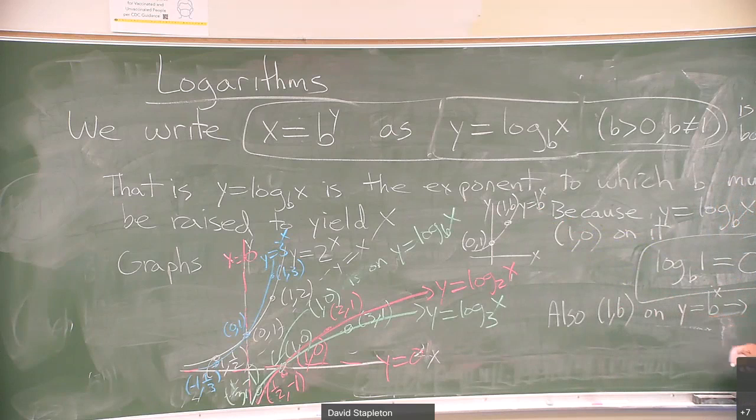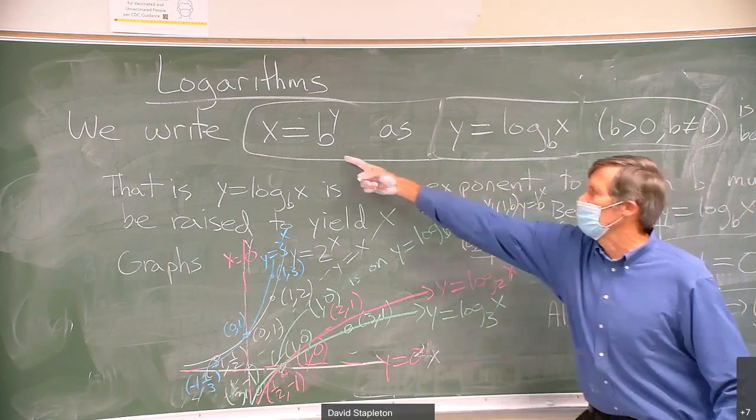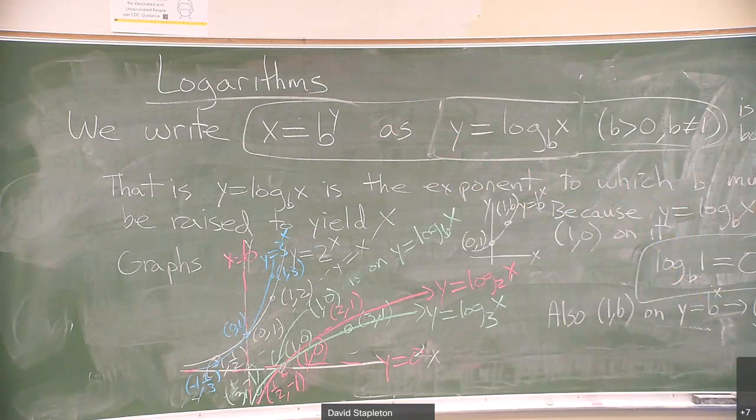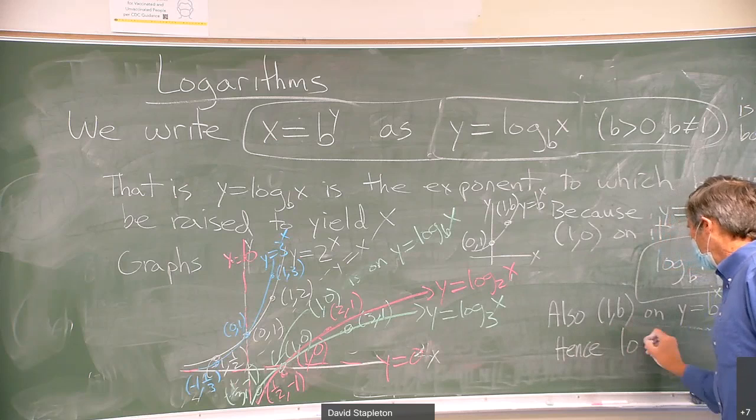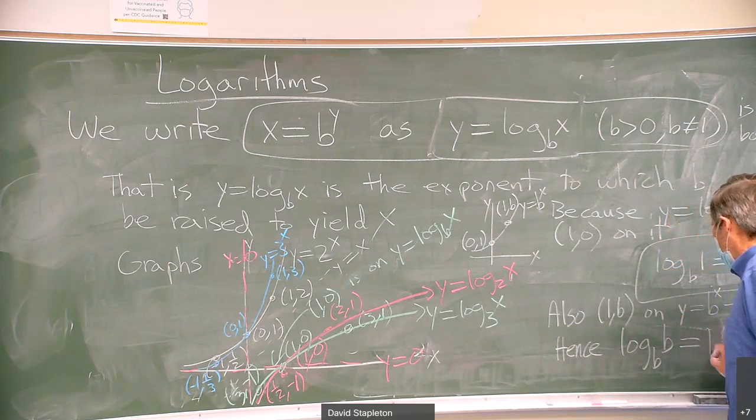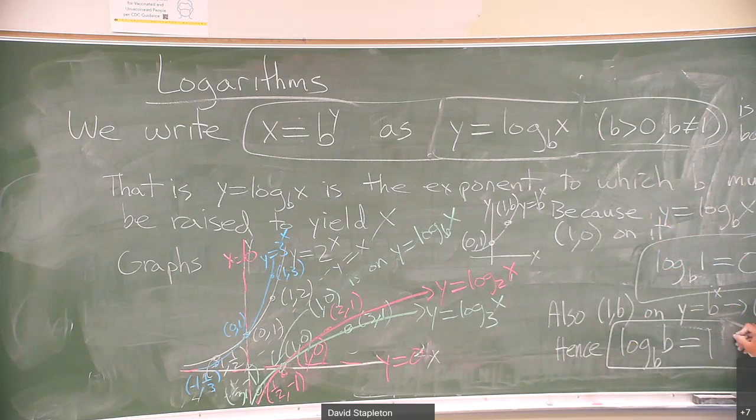That tells me by reversing the pairs that b, 1 is on y equals log base b of x, because x equals b to the y. And if that's on this function, that means I can plug in x equals b and get y equals 1. So therefore, log base b of b itself is always equal to 1 no matter what the base. So those are two important properties you always remember. Log base b of 1 is 0, log base b of b is 1. And there's the derivation.